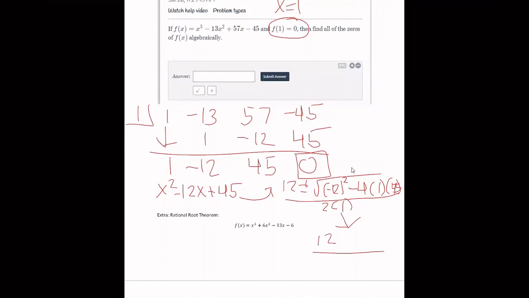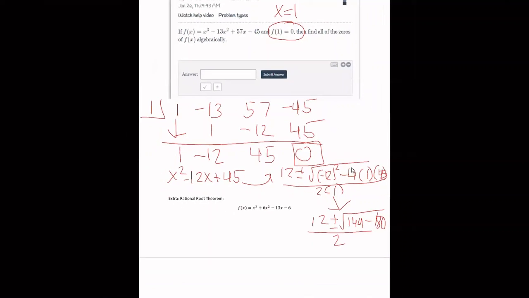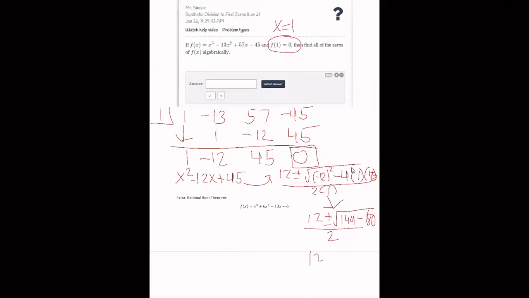So this would be 12. The bottom would be 2. That would really be 144 minus 4 times 45, that would be 180. So I'm going to get a negative number. So this one's actually going to have imaginary solutions. So 144 minus 180, that would be a negative 36.